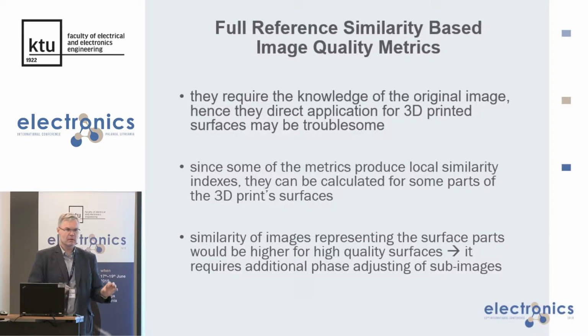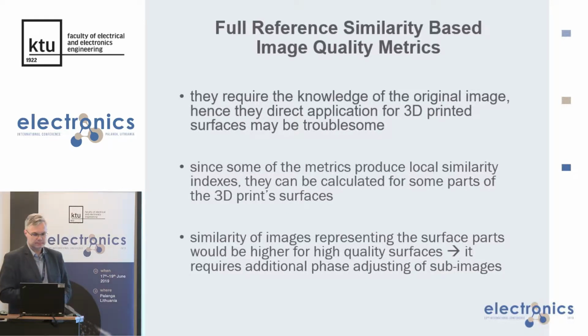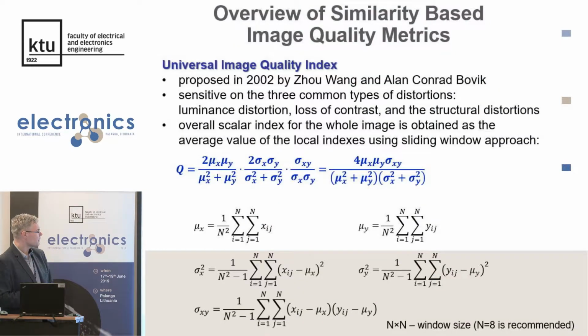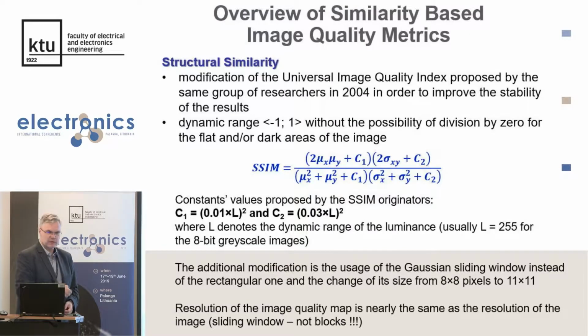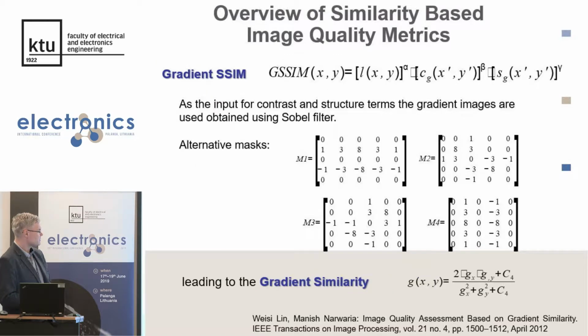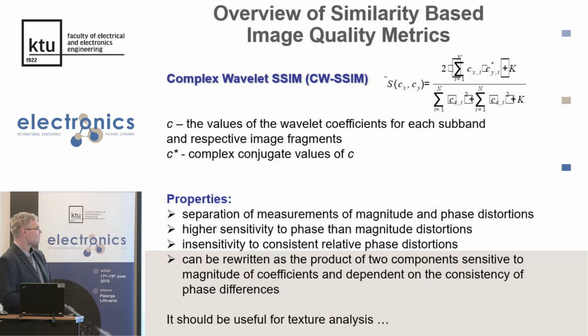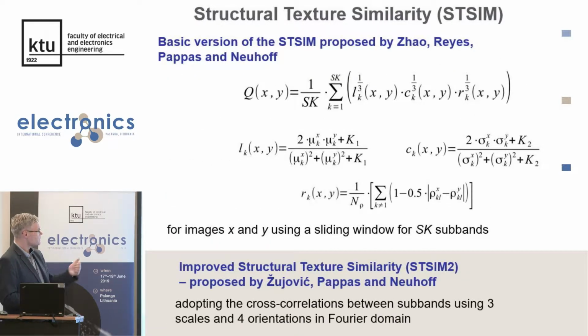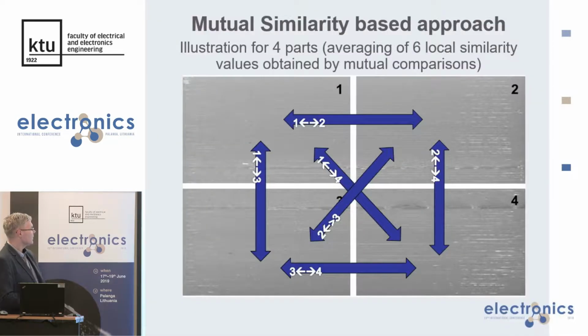So we can divide our part into some fragments and calculate the similarities using some of the methods. I will just remind you very briefly: for example, structural similarity, multi-scale structural similarity, complex wavelet structural similarity, structural texture similarity, feature similarity, and so on.